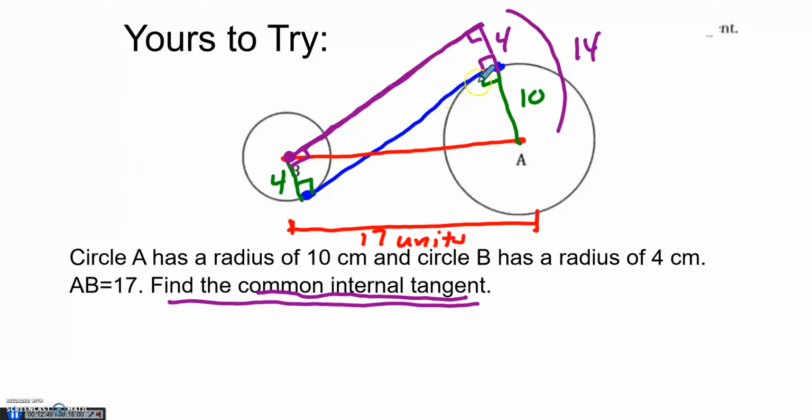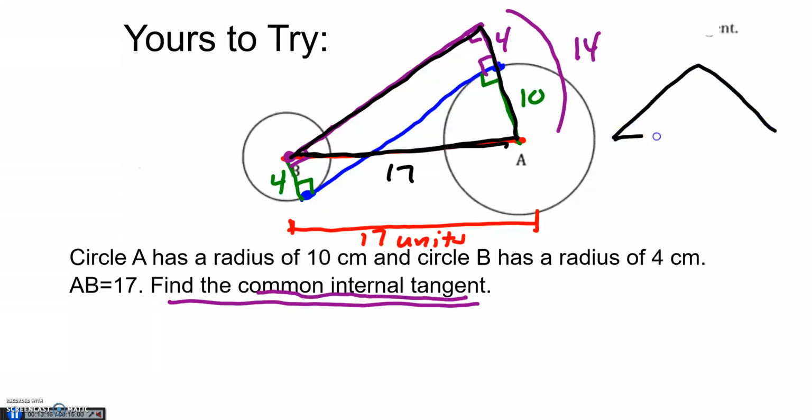My goal is to find the blue, and again, I'm just going to use a different color, and I would like you to focus on this giant triangle here. We know that this black piece was given to me as 17. We know that this piece is 14. So this entire piece here, if we find it, we're going to know the blue automatically.